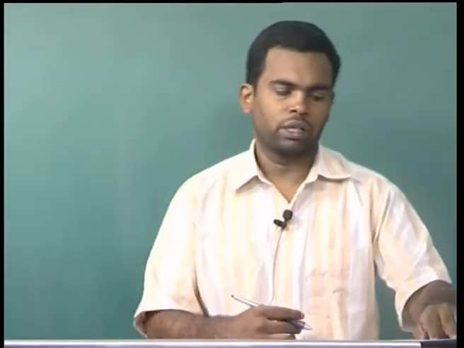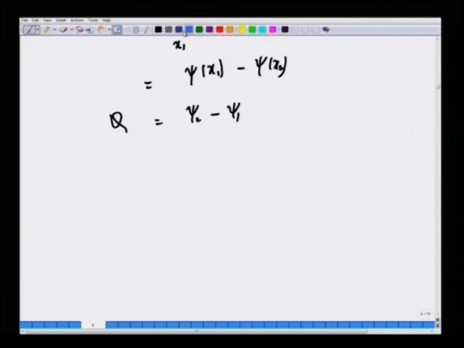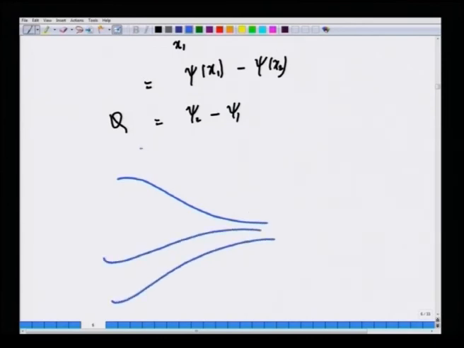So, what is the big advantage of this description? The big advantage is that suppose you have a fluid flow pattern like this. These are streamlines, with values psi 1, psi 2, psi 3, psi 4. At each and every point along this streamline, psi is constant, psi 1.